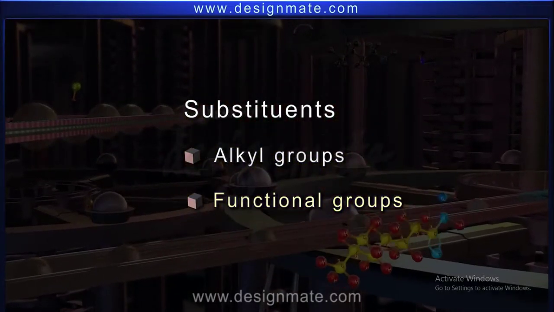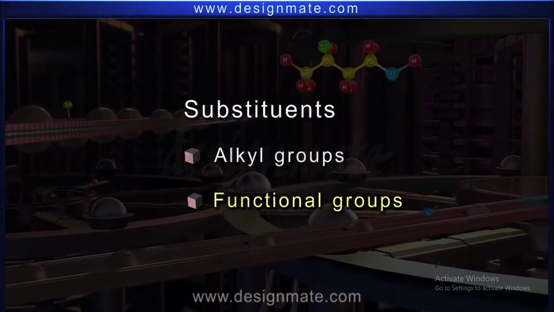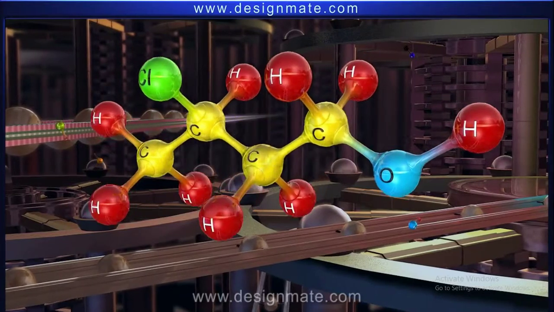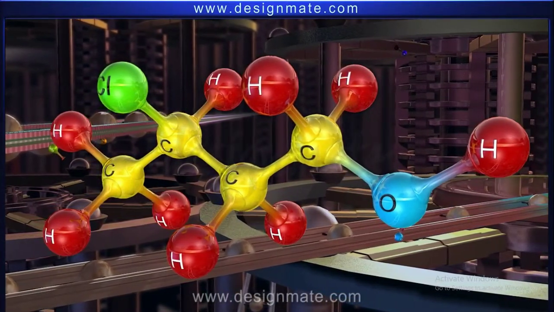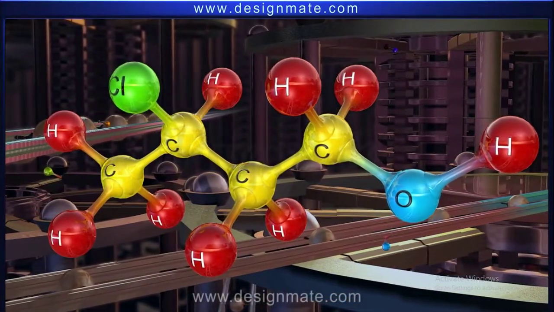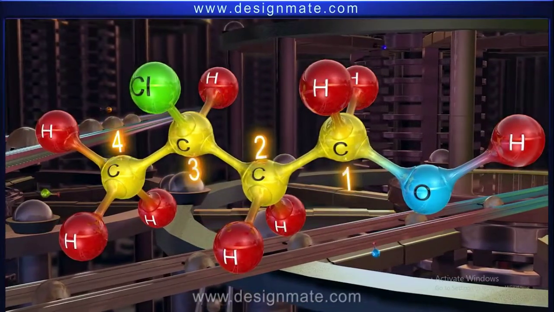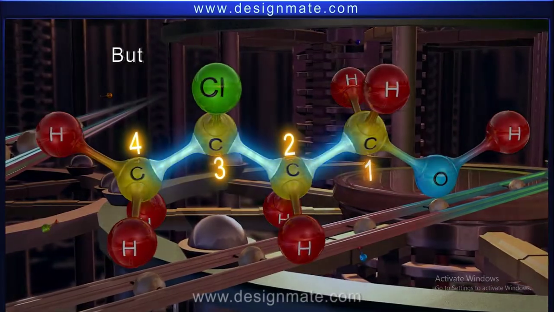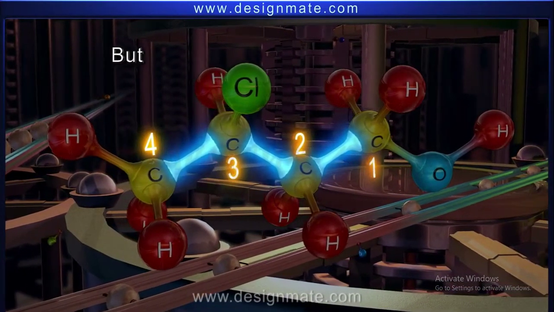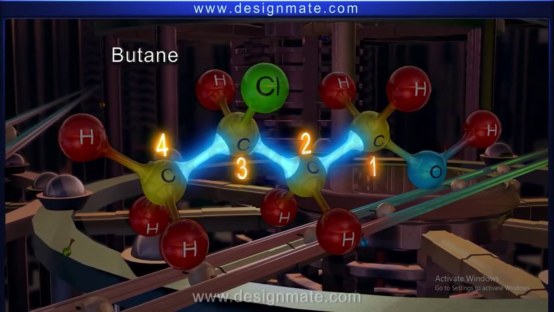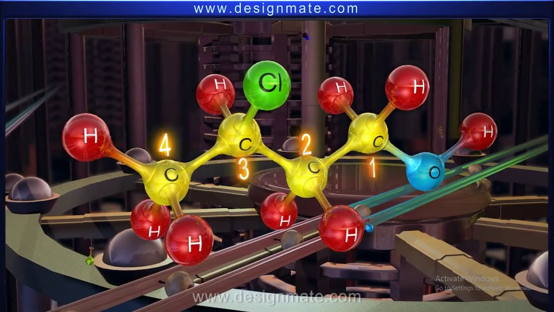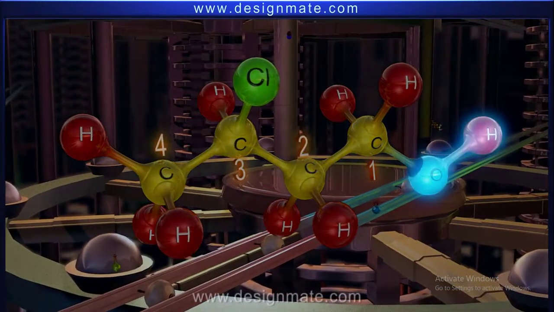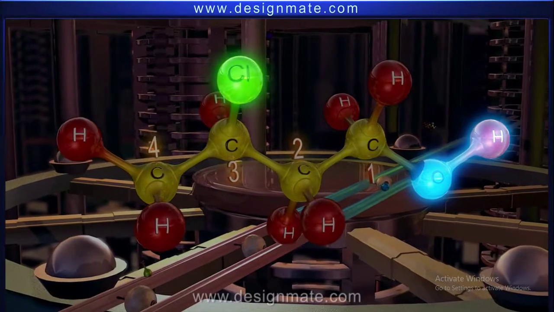Functional groups regarded as substituents. To understand this, let us name this compound. It has a chain of 4 carbon atoms, thus the word root is but. As only carbon-carbon single bonds are present, the primary suffix is ane. However, there are two functional groups, OH and Cl, in this compound.